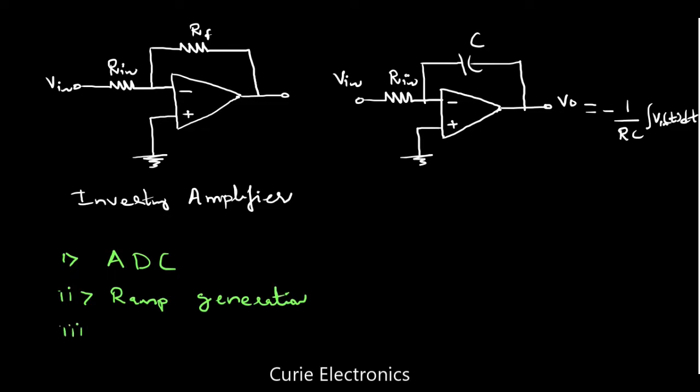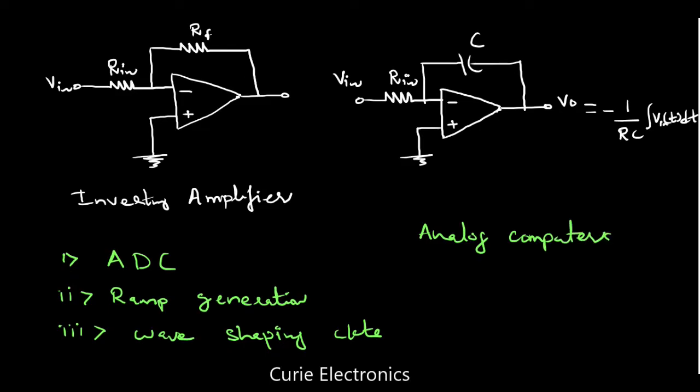Then the third one is the usual wave shaping circuits. So these are the basic applications of this integrator. Actually, originally it was used in analog computers. So now let us study.